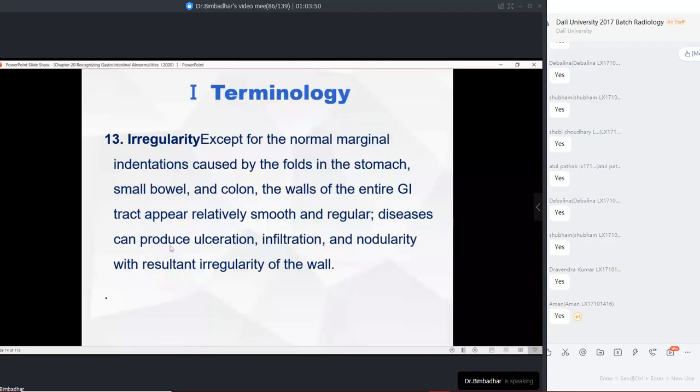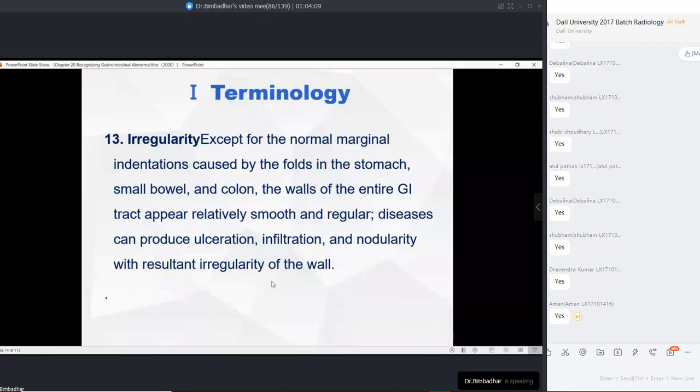They can produce ulcerations, infiltration and nodularity, which result in irregularity of the wall.